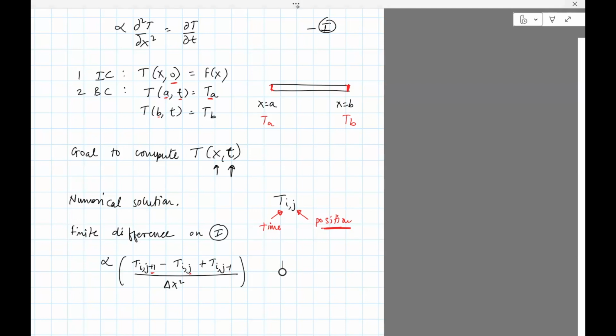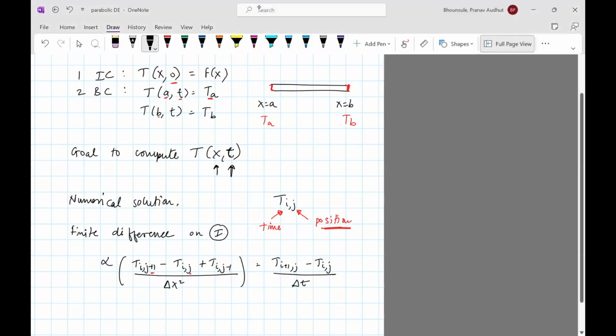Okay, that's the left side. On the right side, we have dT by dt, capital T divided by small t. What we need to do there is use forward difference. So that will be T(i+1, j) minus T(i, j) divided by delta t.